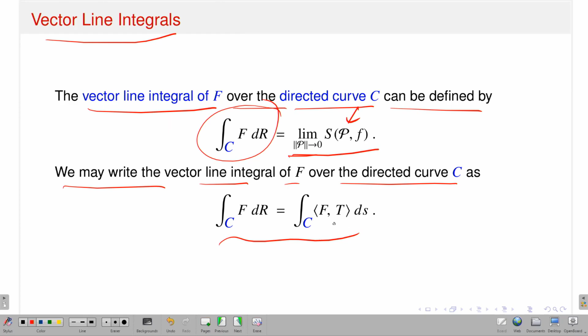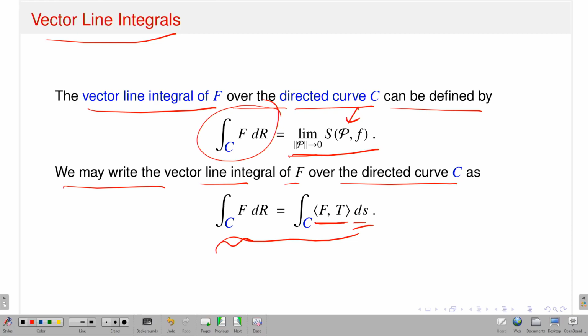This is nothing but F dot product, or F inner product, with T, and then I denote ds. So it is like what is called the scalar line integral. Maybe next class I will talk more on that. In fact, the vector line integral is nothing but the scalar line integral, but this time what is my scalar field?